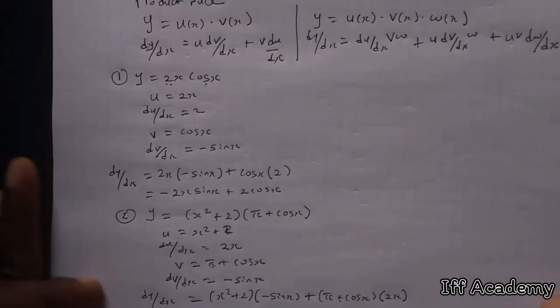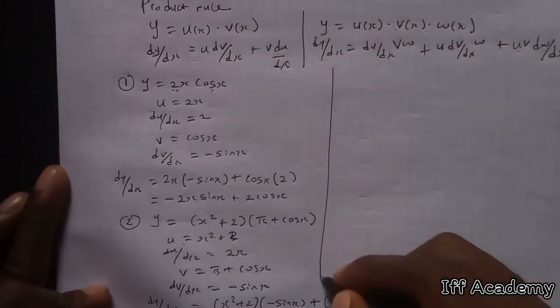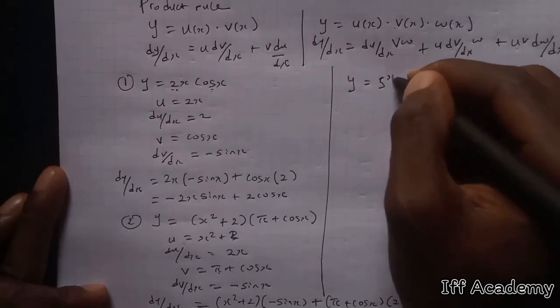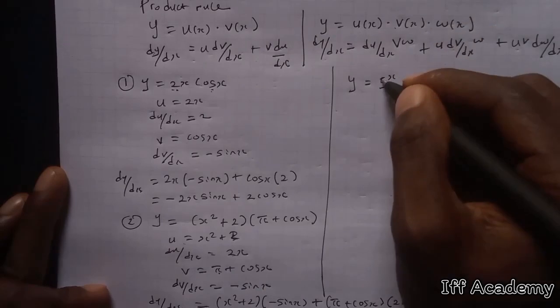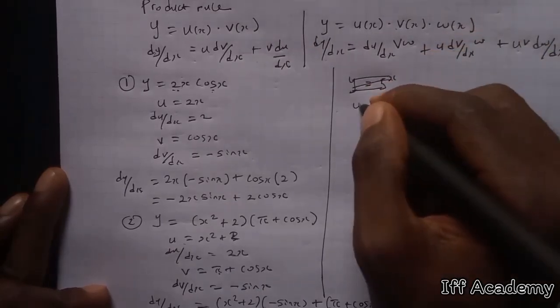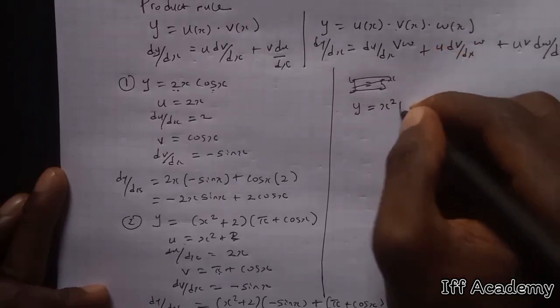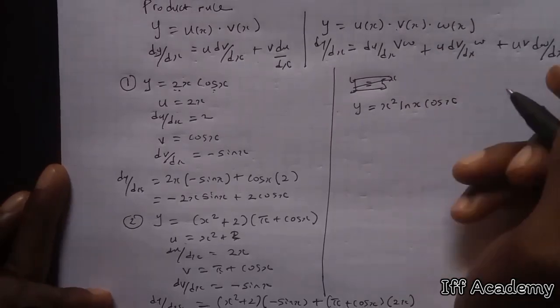So now let's take the final question, the one that involves 3 products being multiplied. Let's say y is equal to x squared ln x cos x, right?